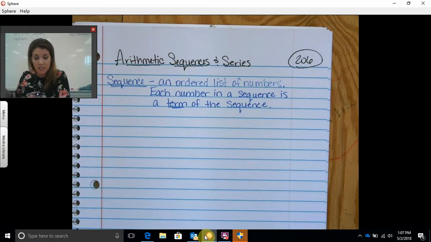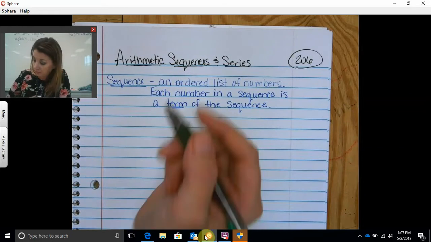So the first kind of sequence we're going to talk about, there's arithmetic and geometric, okay? Today, the first one is an arithmetic sequence.